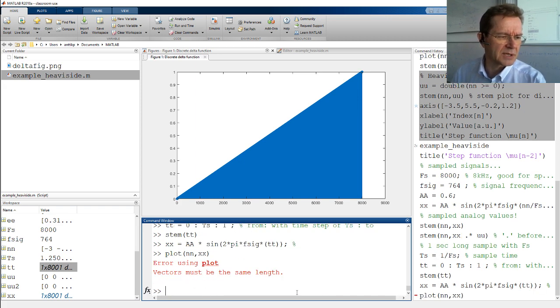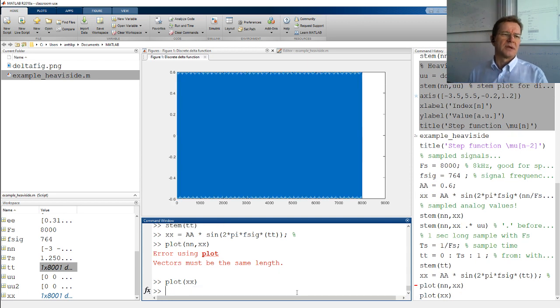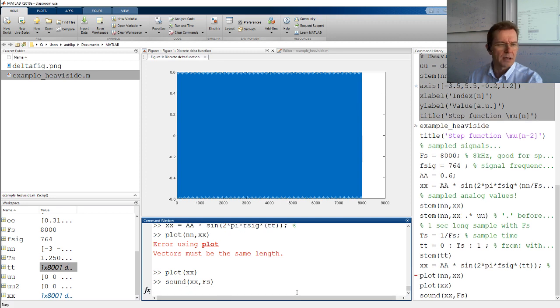Whoops, not plot nn, just plot x. Those are different. It doesn't make much sense plotting this kind of sound samples, but how about doing something like this? Sound xx Fs. Where is my loudspeaker?